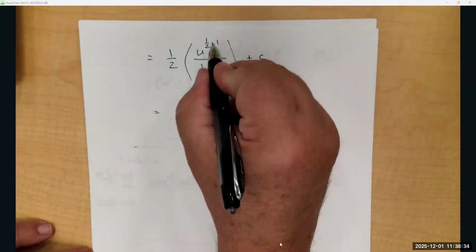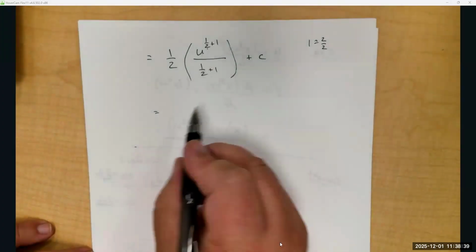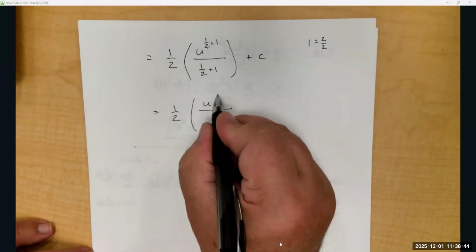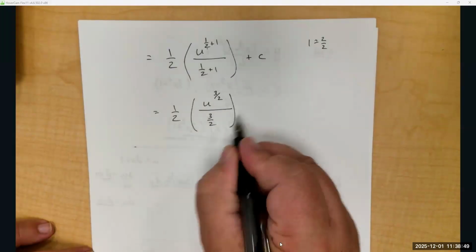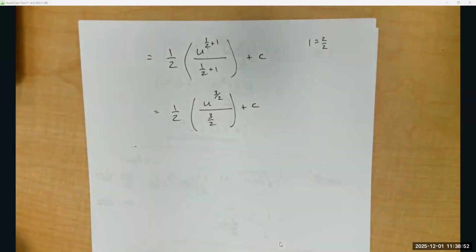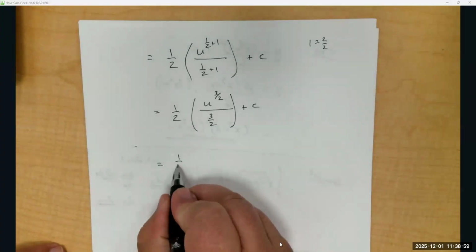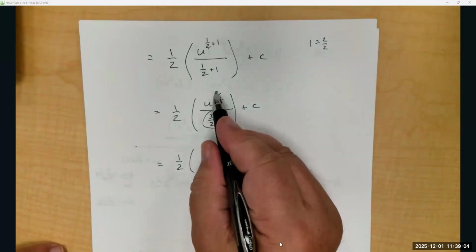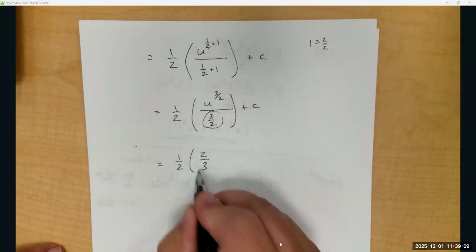One half plus 1. 1 is the same thing as 2 over 2 because the denominator is 2. So it's 1/2 u to the power 3 over 2 over 3 over 2. This is all algebra now. We're done with calculus. Whenever you hit fraction over fraction, what do you do with the denominator? If it's a fraction, flip it and put it in front.